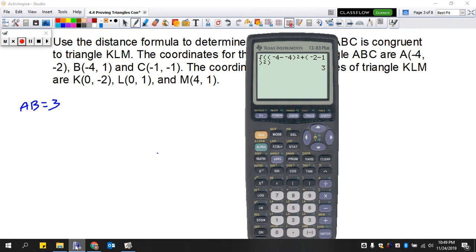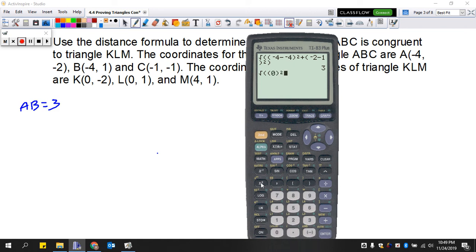And so let's say KL. All right, so second square root, put the parentheses for the x values. 0 minus 0 is just simply 0 squared.